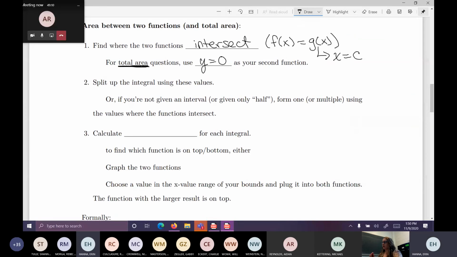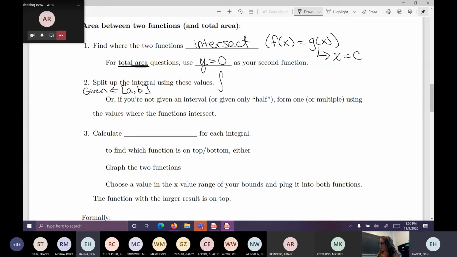Okay, so where was I? So we're going to set these two functions equal to each other. Let's say that the number you get when you set them equal to each other is c. What you're then going to have to do is split up the integral based off of any values that you find. So say we're going over an interval from a to b. Say this was our given interval.